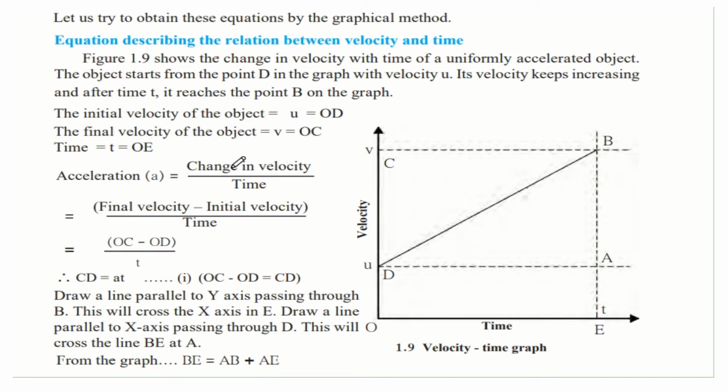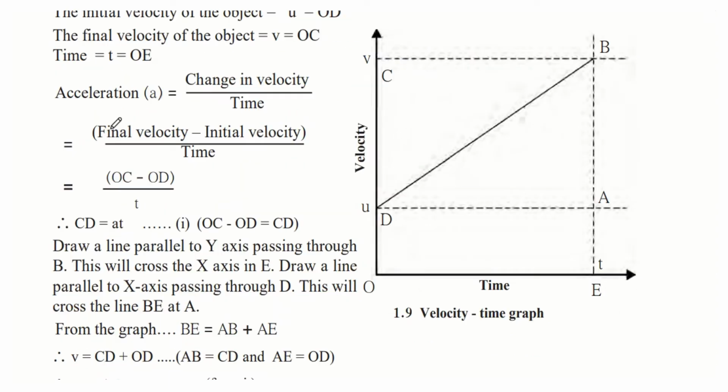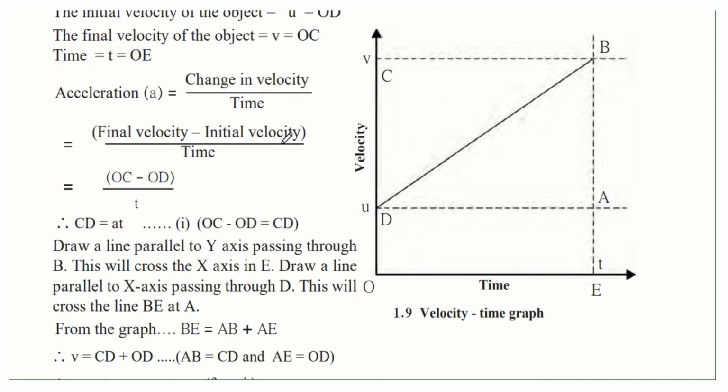Acceleration is equal to change in velocity upon time. I hope you remember this formula. This is equal to final velocity minus initial velocity upon time t. Final velocity v on this line would be OC, that is from O to C, and initial velocity u would be OD.